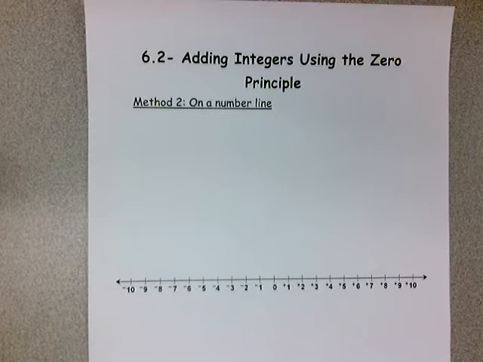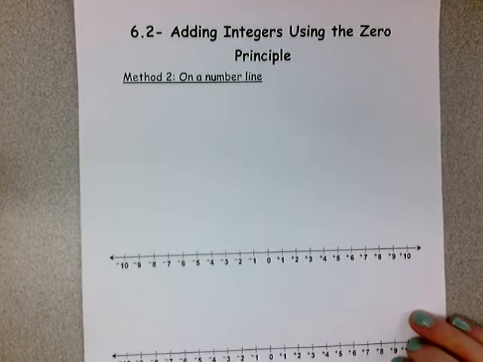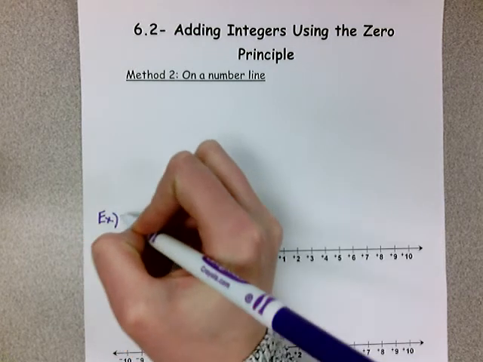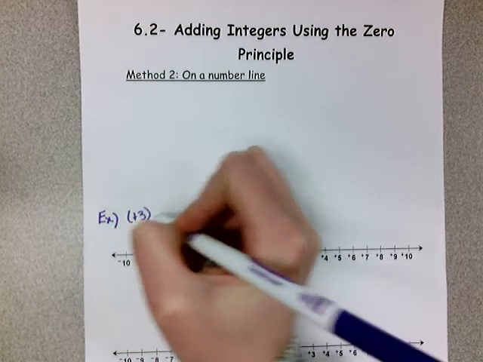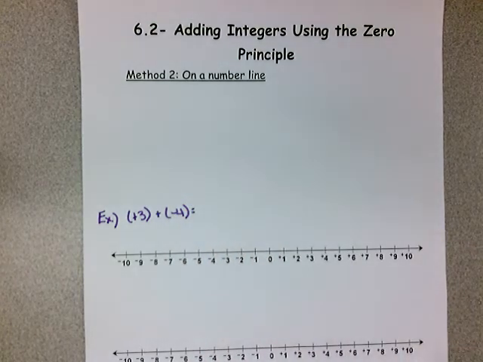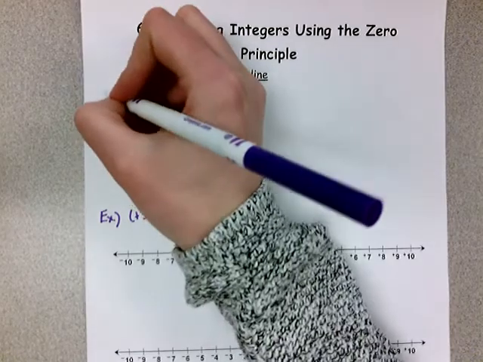So when you're adding integers, I've left you some room here to do your notes up at the top, and we'll just do our 2 examples on the bottom. Our first example that we're going to do is going to be positive 3 plus negative 4. So the first step here is to start at 0 and then go to your first integer.